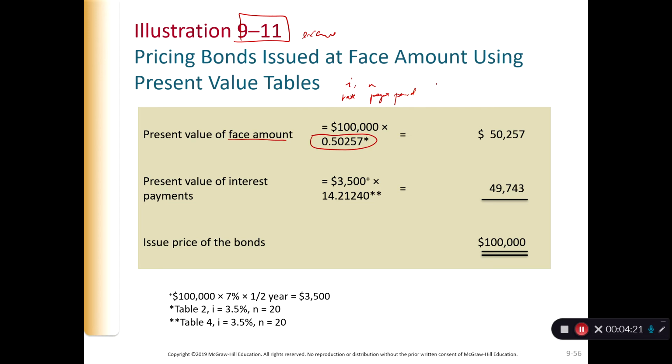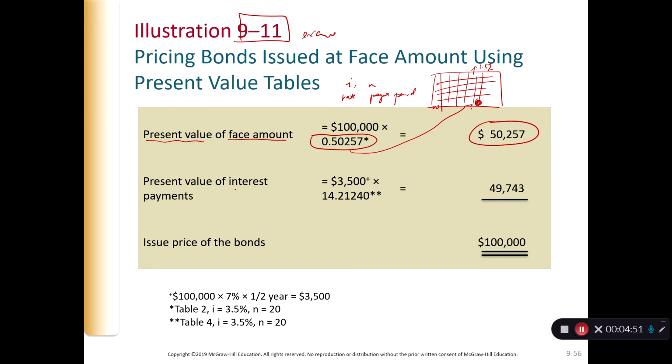Then in the table you find the present value factor at 3.5% and 20 periods. You will find this number, which is 0.5, and multiplying that, you find the present value of the face amount is 50,257.